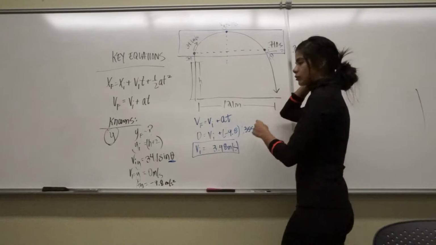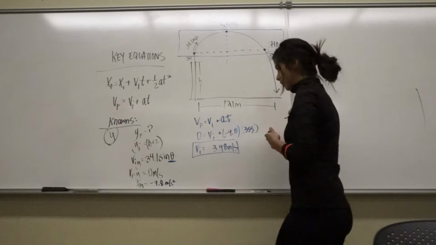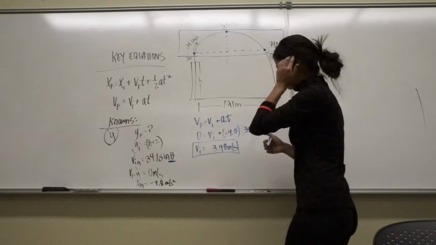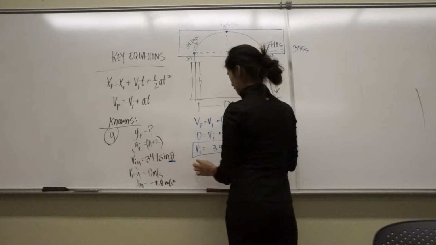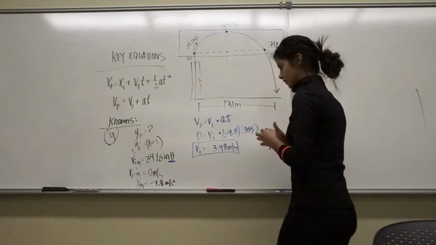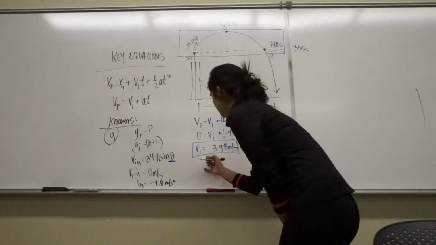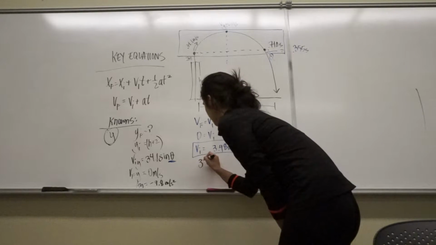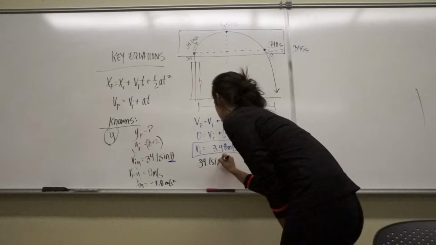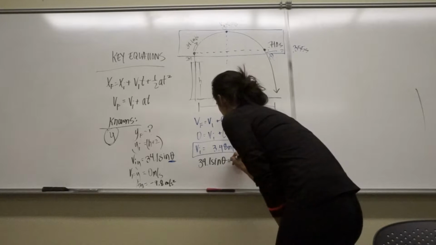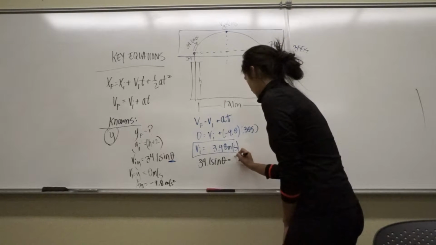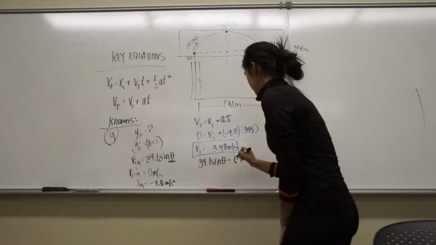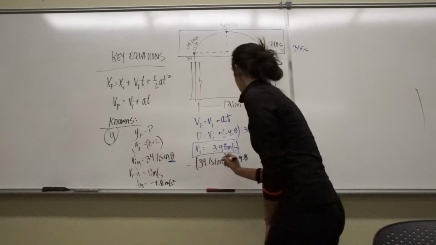Now we're going to try and find theta. So what we're going to do is substitute this. Let's do 34.1 sine of theta equals, and then our negative 9.8. This is going to be negative actually.